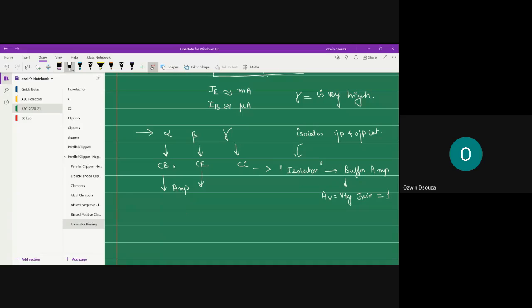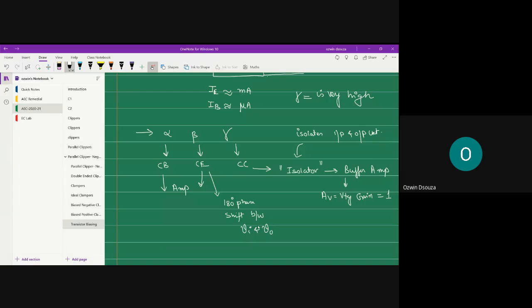On the other hand, CB and CE can be used for amplifiers. Your CE mode gives a 180-degree phase shift between Vi and V0.